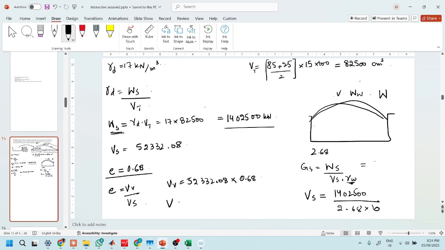The total volume will be volume of solids plus volume of liquids. This will be volume of solids plus volume of solids into 1.06.